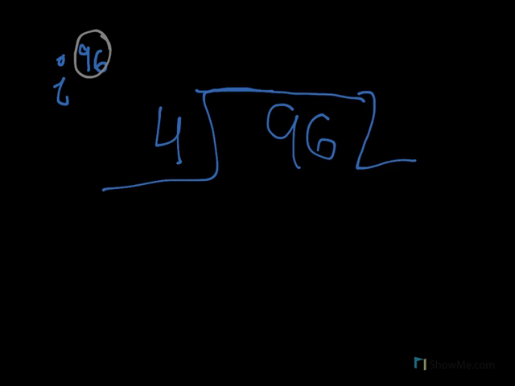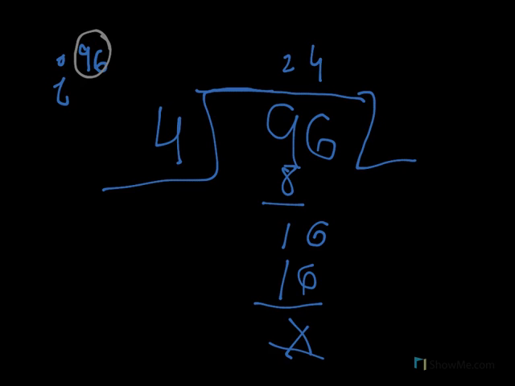When we divide 96 by 4, we get 24, and the remainder is 0.